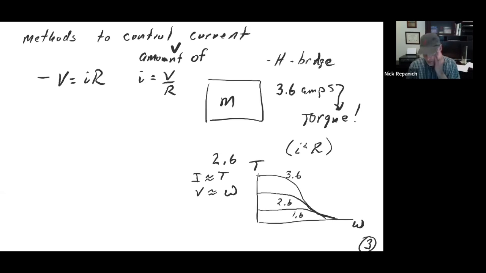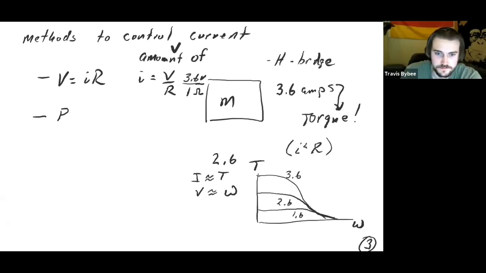Okay, so you're going to be adjusting some of these things, but you can't just put more current into the motor because it burns out. So that doesn't work. In order to get 3.6 amps through this motor, just using V equals IR, if you had a resistance of 1 ohm, how much voltage can you put on this thing to get the right amount of current? 3.6 volts.